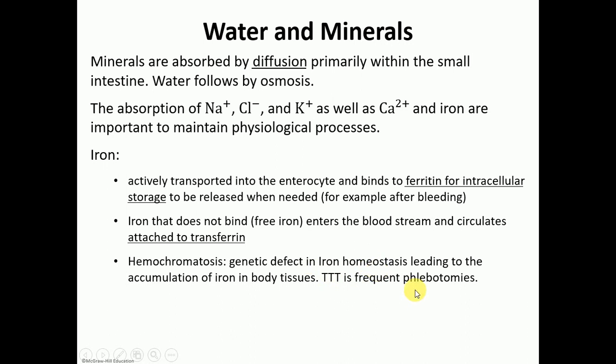The treatment of this condition is frequent phlebotomies, or frequent blood donations. With each blood donation, these patients get rid of lots of RBCs, and so all of that stored iron is going to be released in order to make new RBCs and to replace those.